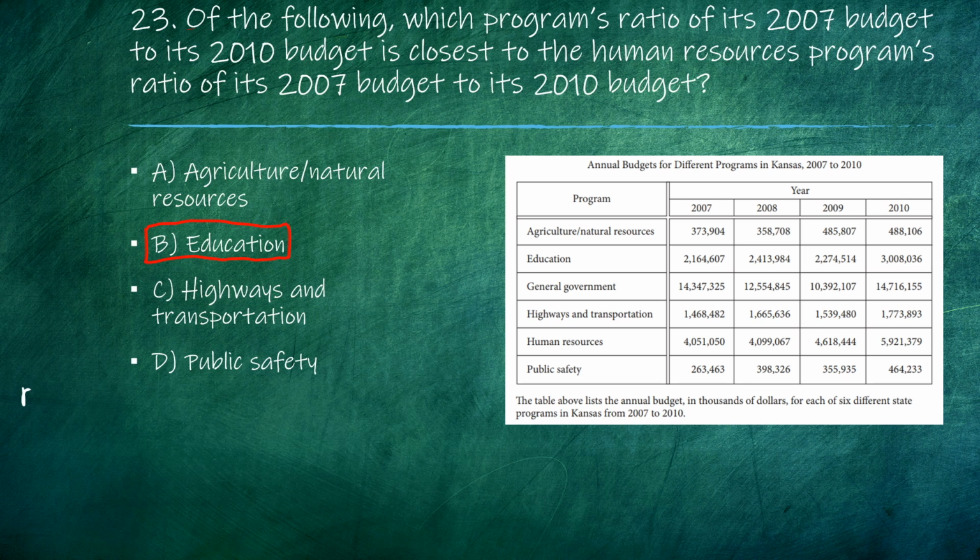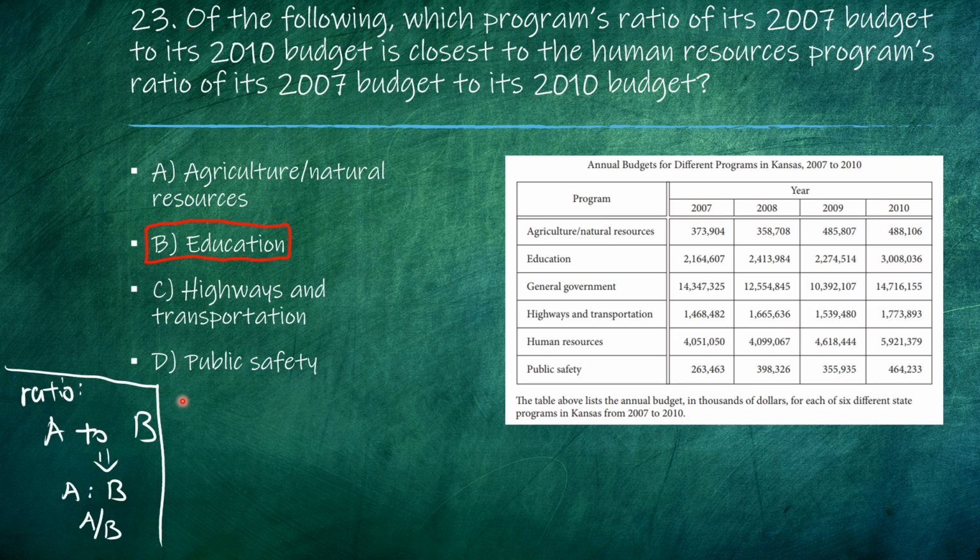When we have a ratio of a number A to a number B, we can rewrite that as A colon B, or in other words, we can rewrite that as A over B. Alright, so in this case, it's asking you to find which of these four categories has this ratio from the budget in 2007 to the budget in 2010 with a very similar ratio as in the human resources.